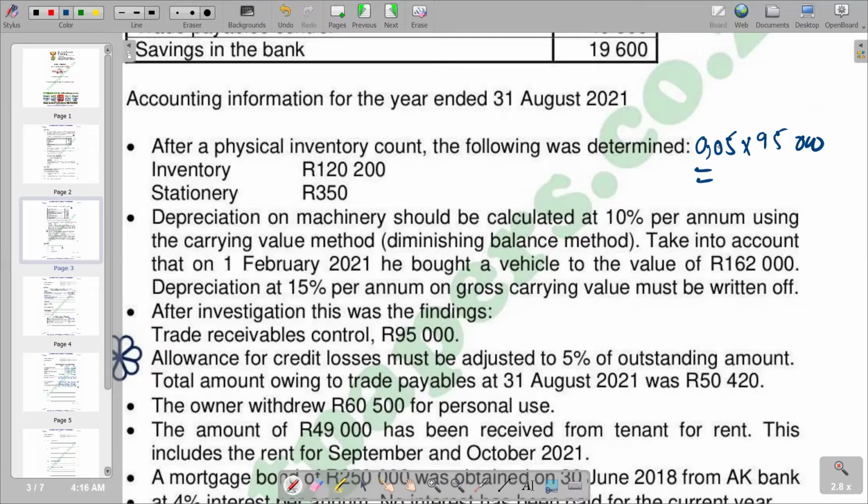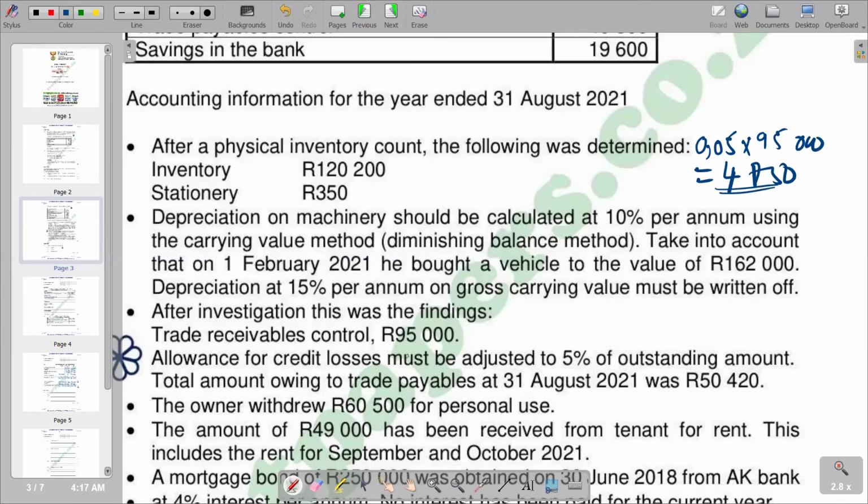Provision for the period. We can as well try to calculate. So if you calculate, you're going to get 4,750.